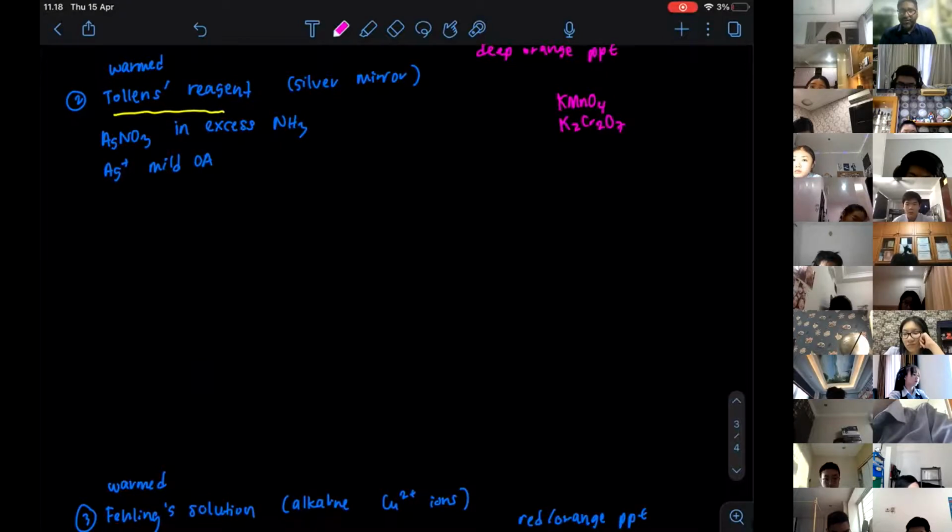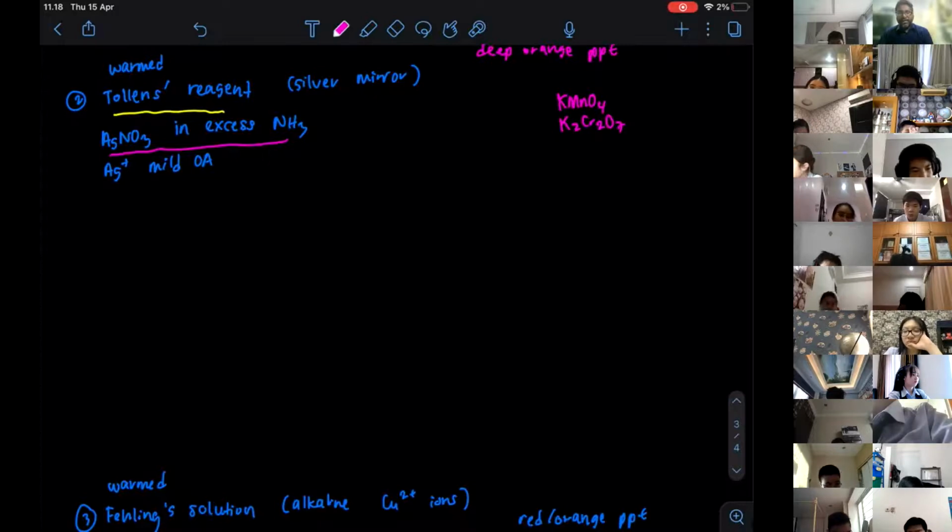We don't use them all the time. Later we will use them, but now we just learn. They function as oxidizing agents. Tollens reagent, I already wrote down for you, is silver nitrate in excess ammonia. They are oxidizing agents.